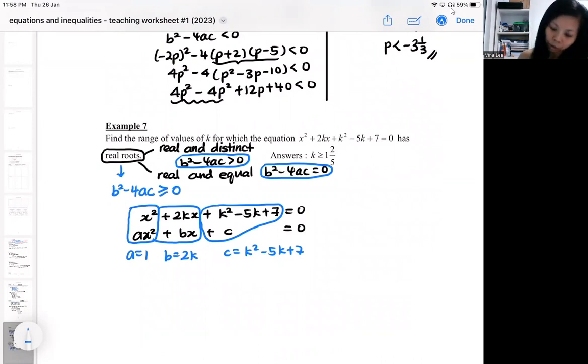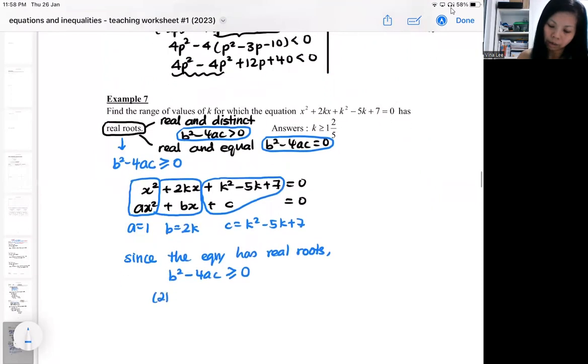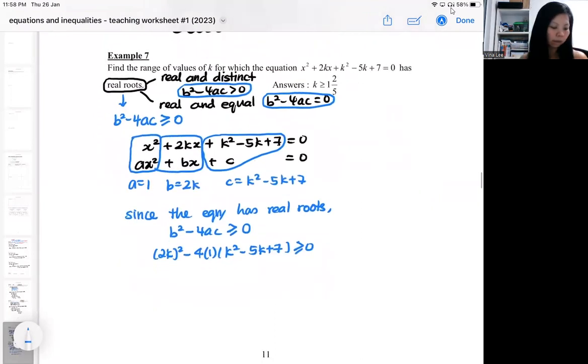So from here, I will do an explanation again. Since the equation has real roots, the nature of the roots indicates the condition of the discriminant. You insert your ABC to execute the condition. Most of the time when you insert in your ABC, you will find it seems like there's a lot of algebra.